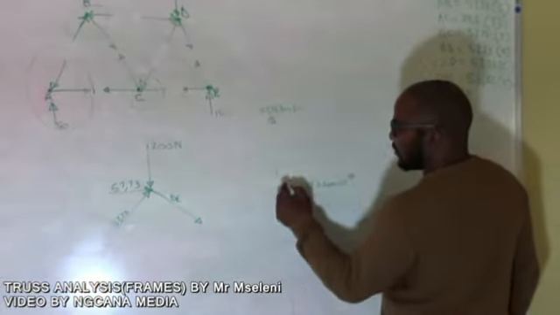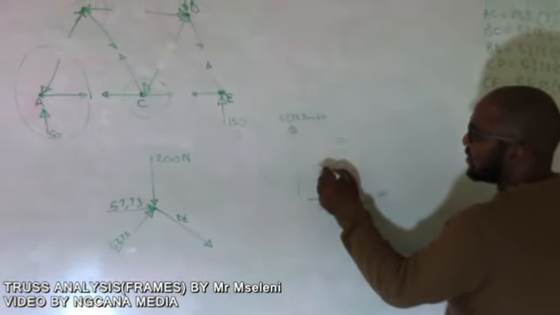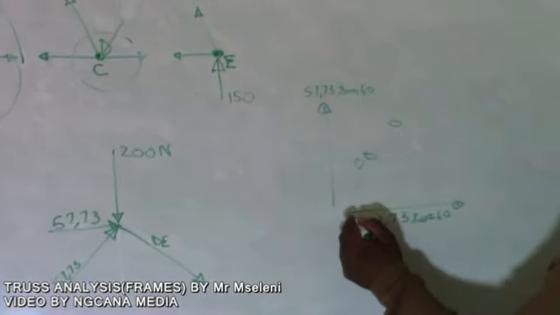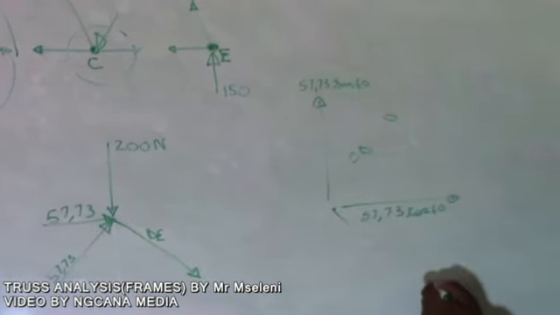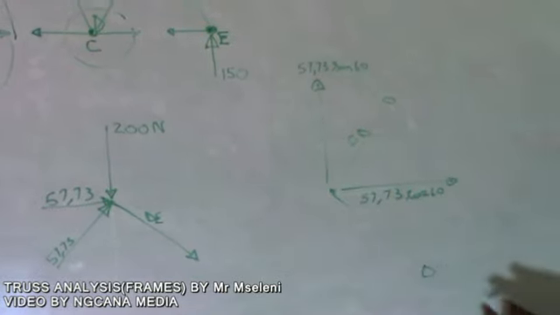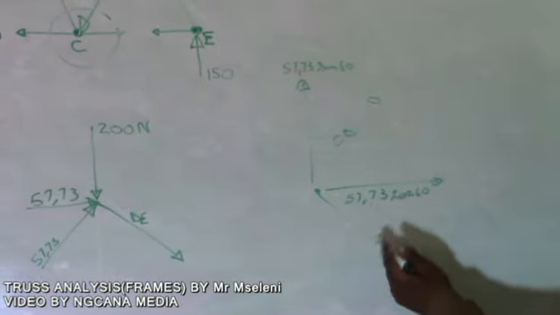And then you also have components. These components are for DE, because this one was for CD. This is CD, which is acting on this joint. And then you've got the ones for DE, which is acting on the same joint. So if you're breaking those components, you're breaking DE into its components.